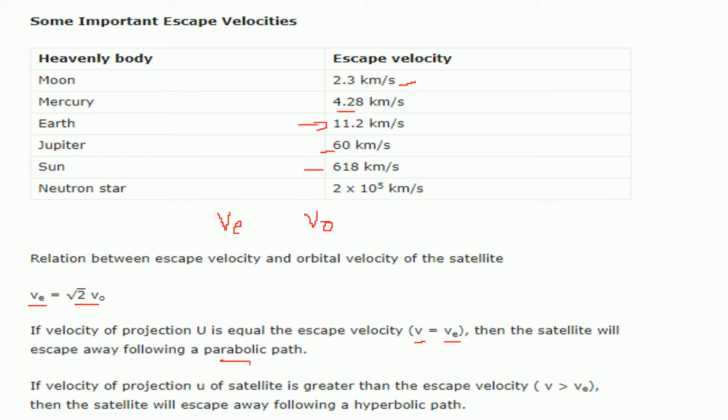And if the velocity of projection of the satellite is greater than the escape velocity, that is V is greater than VE, then the satellite will escape away following a hyperbolic path.